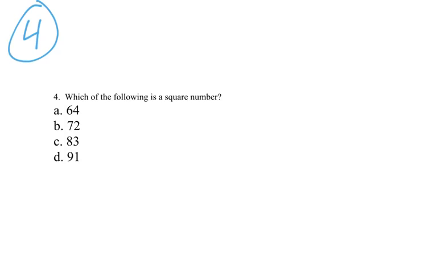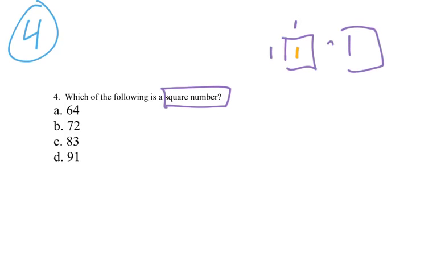For number 4, a square number is a number that would have an area model that makes a square. So for example, if I drew out my square and I had side lengths of 1 and 1, the area of that square is a square number. Side lengths of 2 and 2, 4, the area of that square is another whole number or square number.